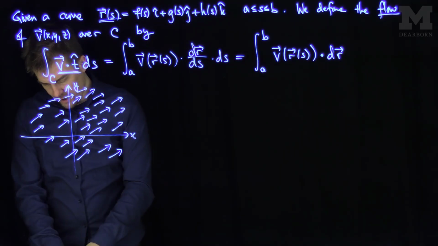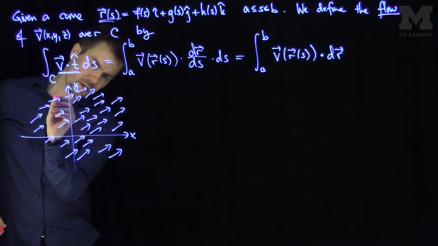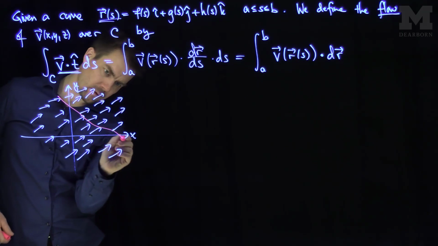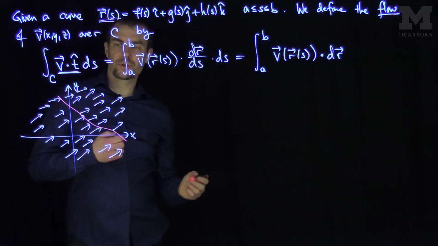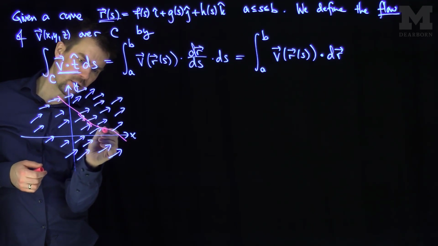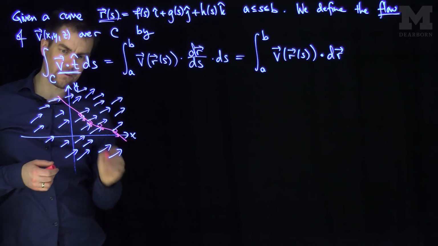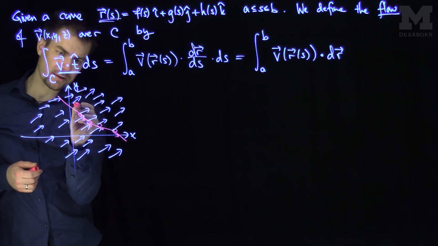But if I was to draw a curve like this, let's do something extreme. Let me draw this curve over here. I've intentionally tried to draw this curve so that when I draw the tangent vectors to this curve, all the tangent vectors make 90-degree angles with respect to the vector field.